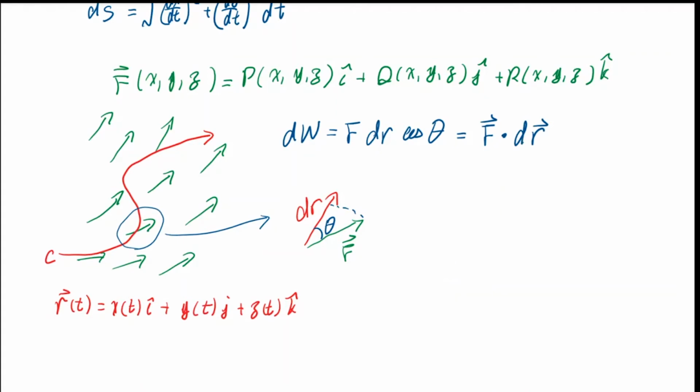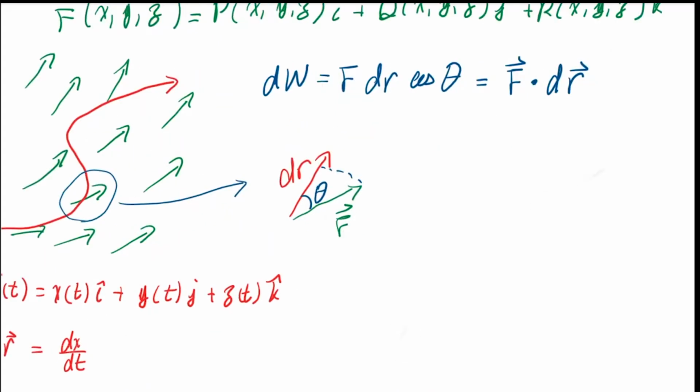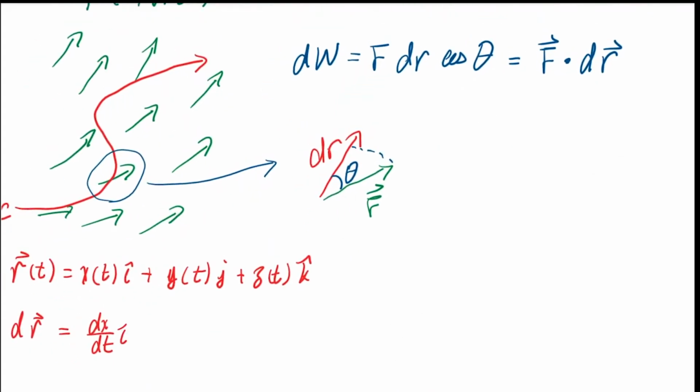What is dr vector? Derivative of this, right? dx over dt. Is that too small? Let me zoom in. i vector plus dy over dt j vector plus dz over dt k vector, isn't it?